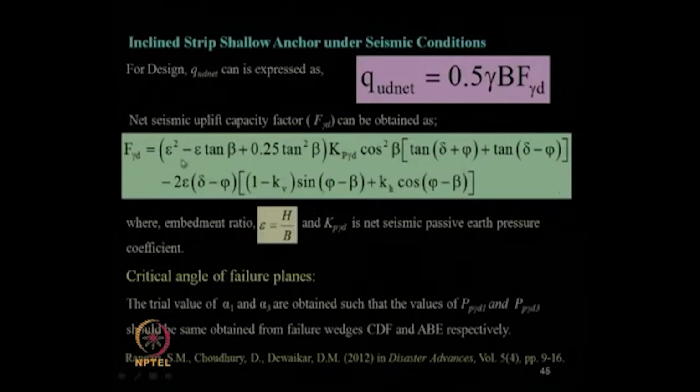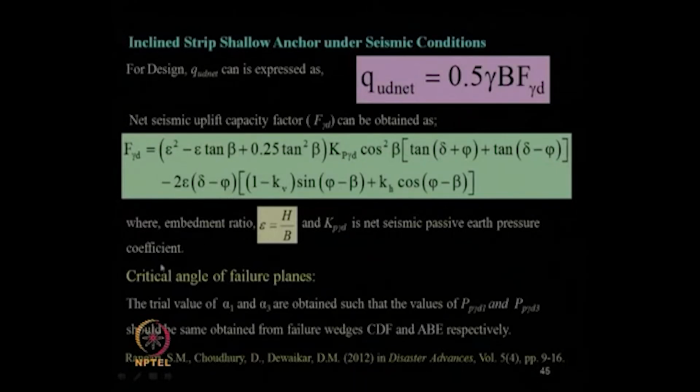You can see these are functions of the embedment ratio, anchor inclination, Kp gamma d, which is again a function of the phi value and the seismicity parameters Kh, Kv. In addition, these are functions of Kh, Kv, delta value and the inclination of your load of action on the plane, that is psi.